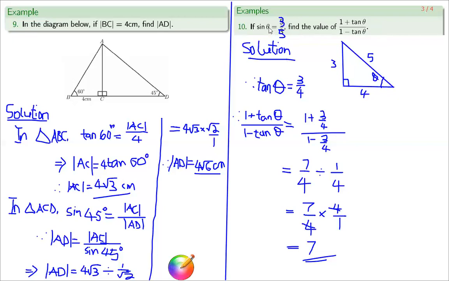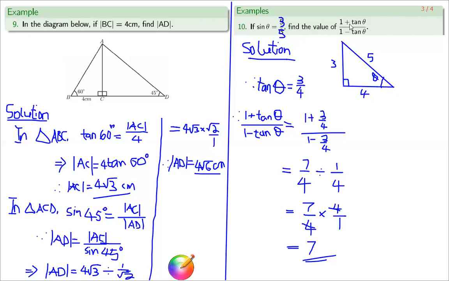Don't forget sine is opposite over hypotenuse. So if this is the given angle or the reference angle theta, it means the opposite will be 3 and hypotenuse is 5. Now with the help of Pythagoras Theorem, you can solve for the adjacent, which should give 4. So therefore, tan theta, which is opposite over adjacent, is 3 over 4.